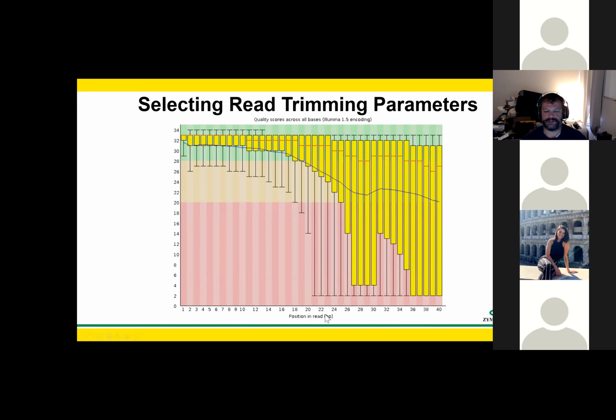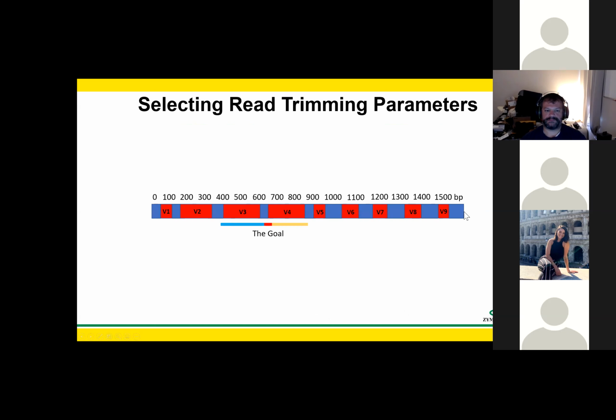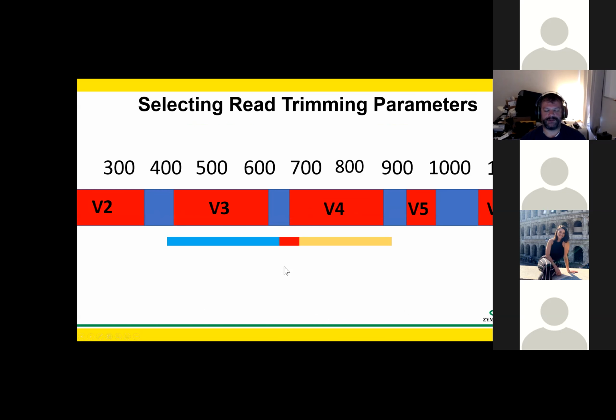This is actually a much shorter read than even the one we're dealing with, but on the x-axis we see position in a read, and on the y-axis we see the quality. These are the Phred scores, just like we learned about yesterday. As you go further and further into an Illumina read, the quality tends to drop somewhat. So again, this is our goal, and I'm just going to zoom in a little bit on the region.